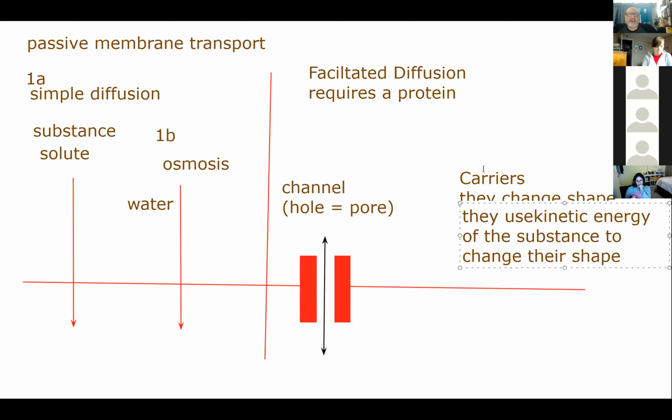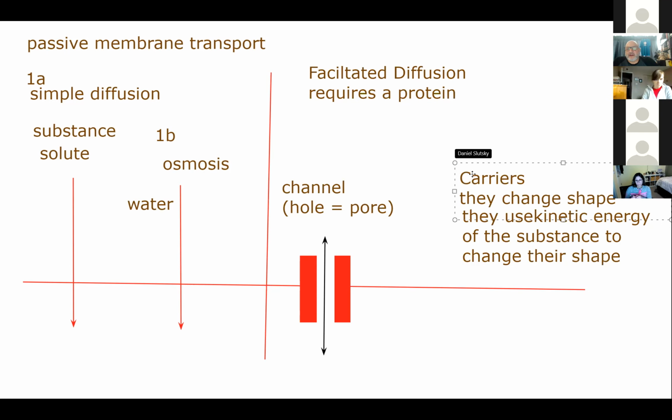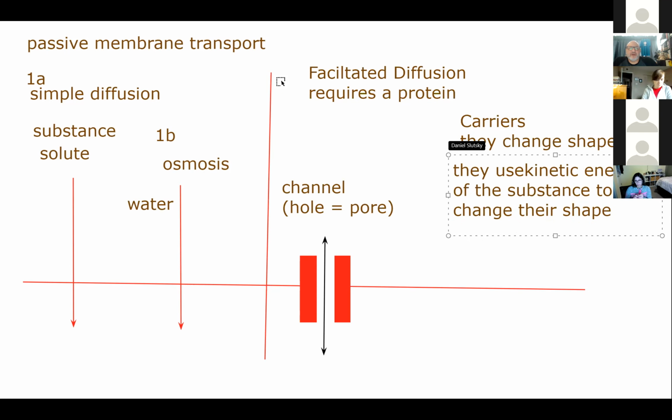So this was the example we talked about of a carrier for glucose. I'll draw a really simple example of this one. We had a glucose molecule that is open on one side. And when that glucose molecule binds to that glucose carrier, it changes the shape of the carrier, where it now closes at the top and opens at the bottom.